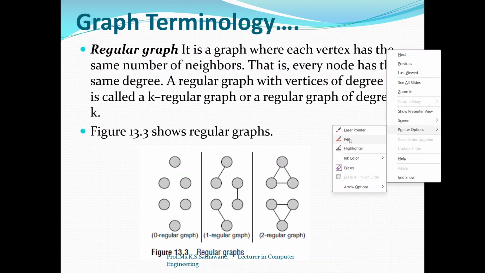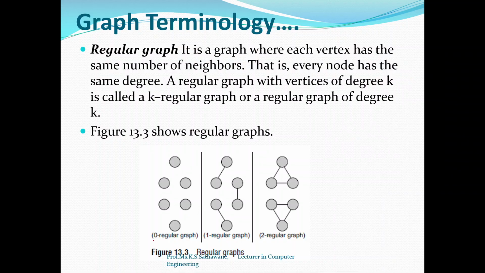For example, if you can see here, this is a zero regular graph, which means each node has zero neighbors. This is a one regular graph, which means each node has only one neighbor. This is a two regular graph, which means each node has two neighbors. So this is a two regular graph, this is a one regular graph and this is a zero regular graph.